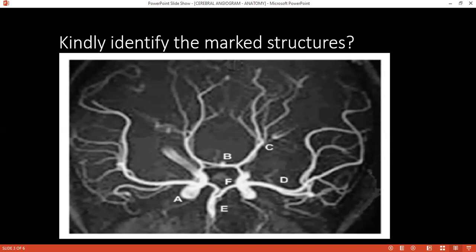Exactly, wait. I wanted to ask where exactly you would be able to locate the vertebral artery and the basilar artery. In which view would you be able to see these two vessels? Okay, we'll move on.